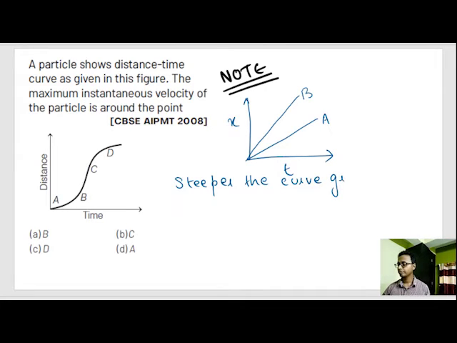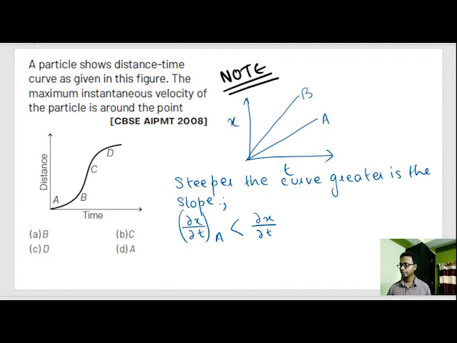When the curve becomes fully vertical, that means the slope is equal to infinity. Mathematically, dx by dt for graph A is lesser than dx by dt for graph B.